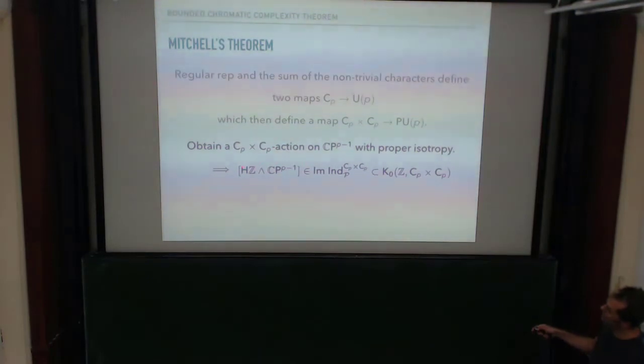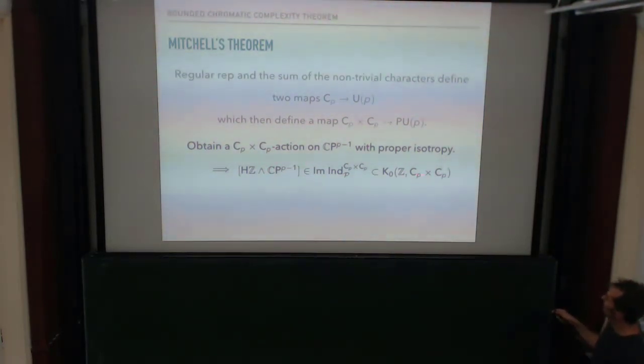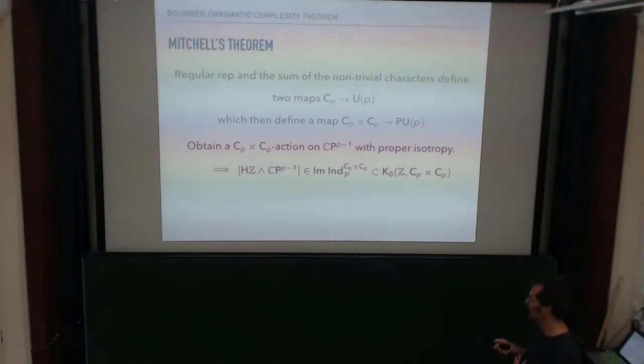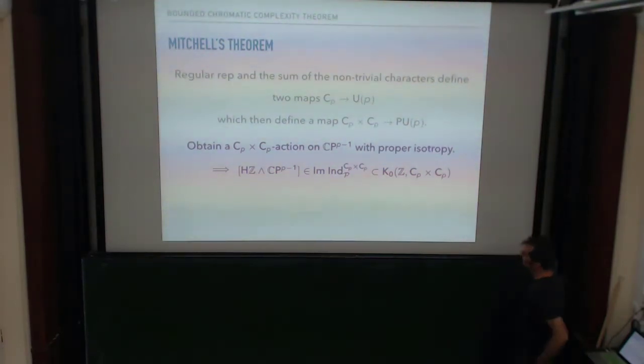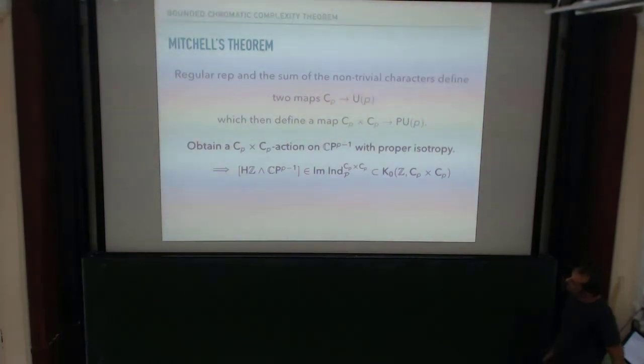This is now a representation of Z, so it's a chain complex representation of this group. And if I just filter it by its equivariant cells, it's built out of induced cells. So that's in the image of this induction map I want to study. What I now want to know is that this hits some non-trivial multiple of the unit.